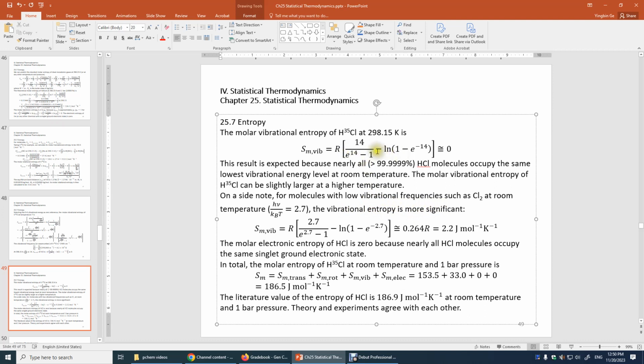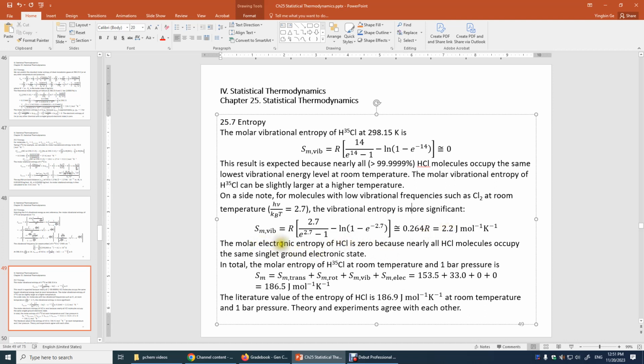We'll just replace 14 with 2.7. We get this formula. It's roughly 2.2 joule per mole Kelvin. It's still small. It's smaller than the translational and rotational entropy, but if you really want accurate molar entropy for chlorine 2, you probably want to take this 2.2 into account.